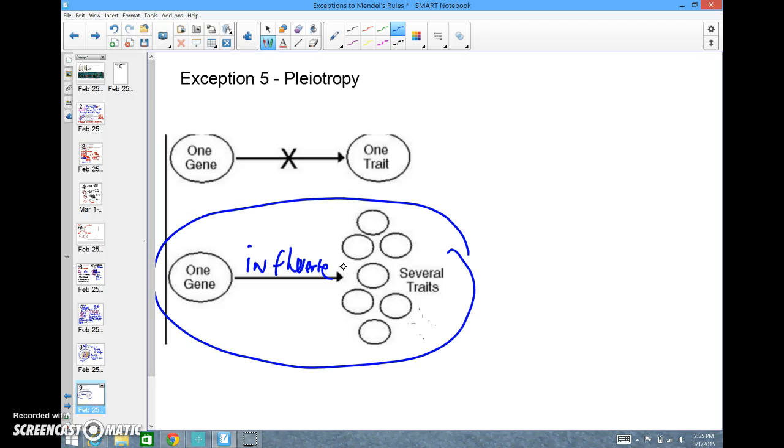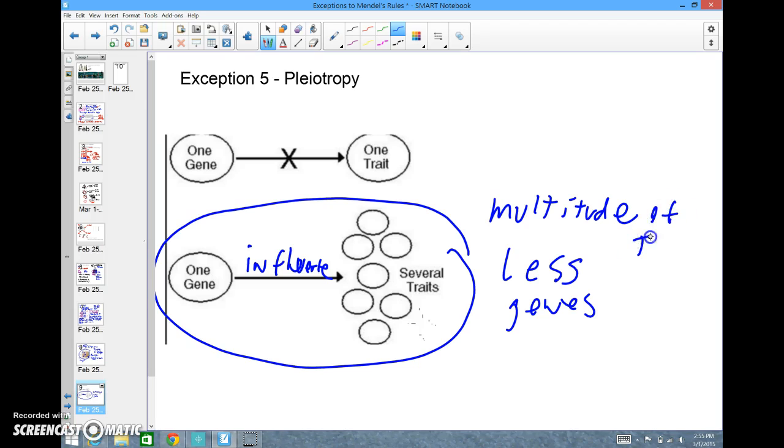If you have one gene that can influence 5 traits, you can mix that with polygenic inheritance so that one gene can influence 5 traits, or 10 traits, or 15 traits. But you can also have one trait that is a combination of 15 genes. And that allows you to create your multitude of traits with fewer genes. All right, so a multitude of traits with fewer genes.